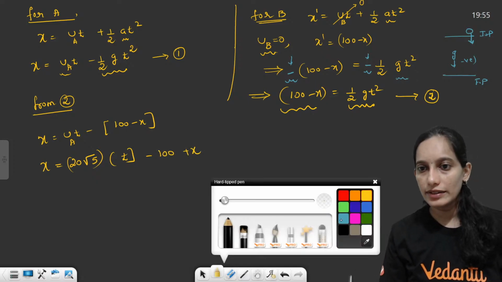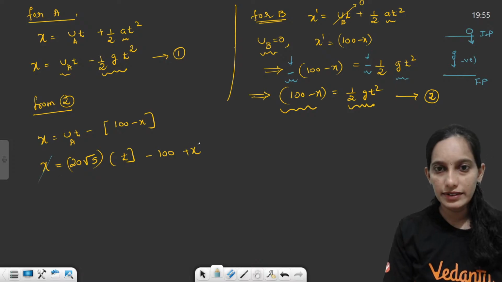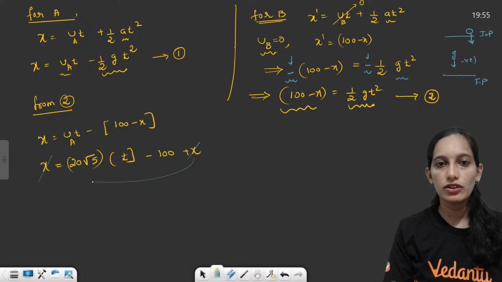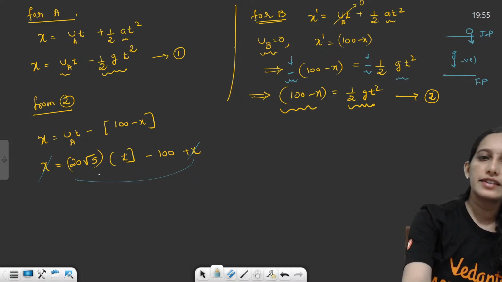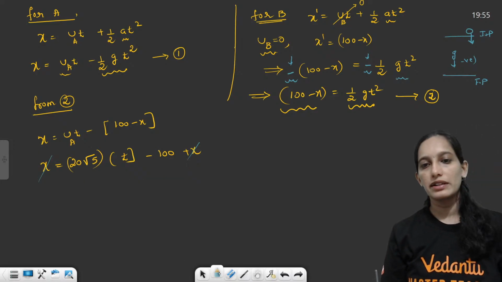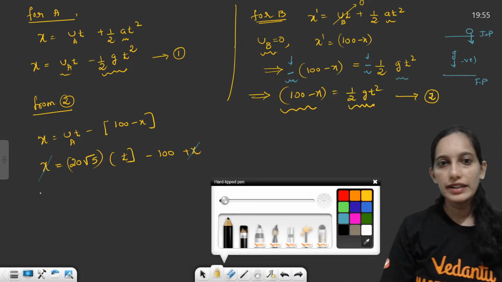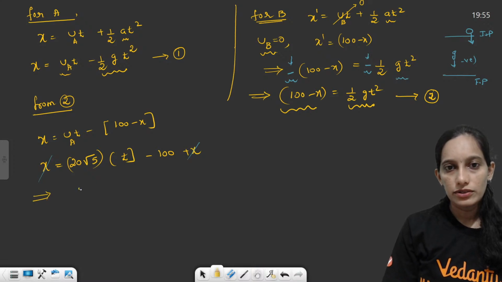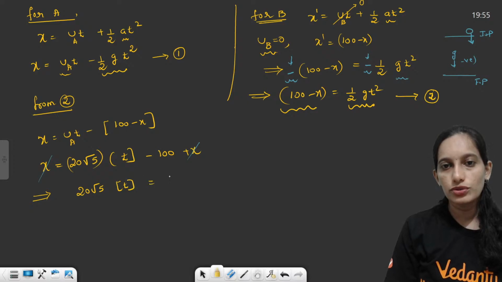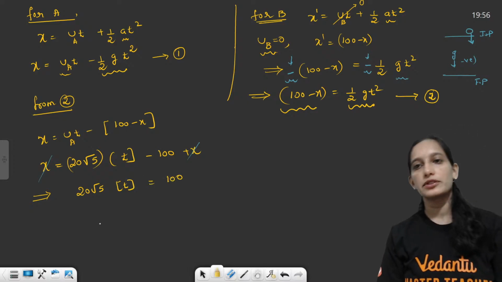So this x and this x will cancel out, because if you take it to the other side, it becomes minus x, so that cancels with the plus x. The remaining term is 20 root 5 into t is equal to 100.